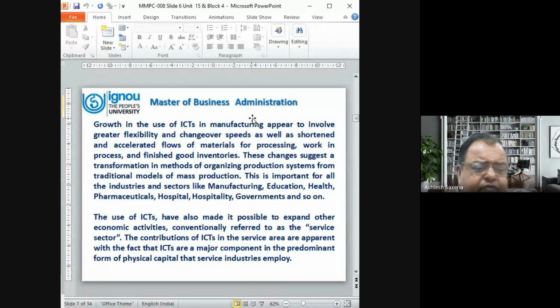The use of ICT has also made it possible to expand other economic activities conventionally referred to as the service sector. The contribution of ICT in the service areas is apparent with the fact that ICTs are a major component in the predominant forms of physical capital that service industries employ.